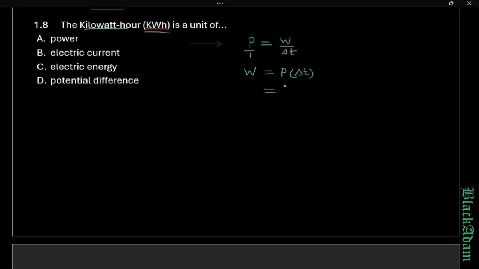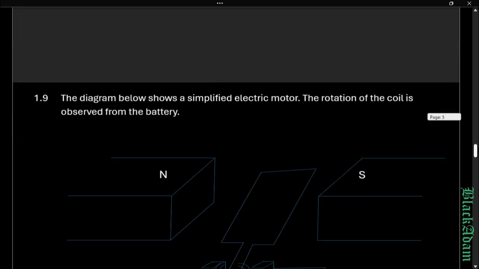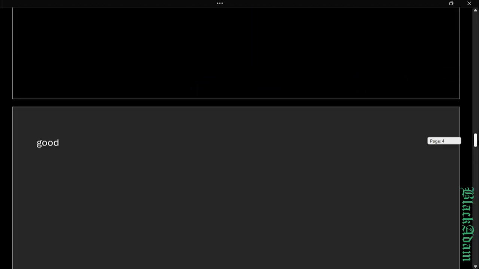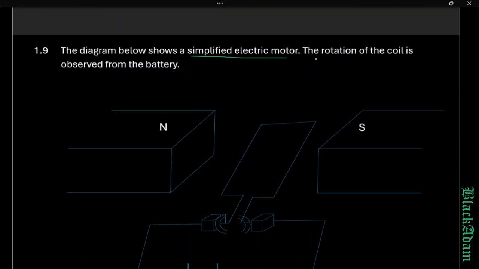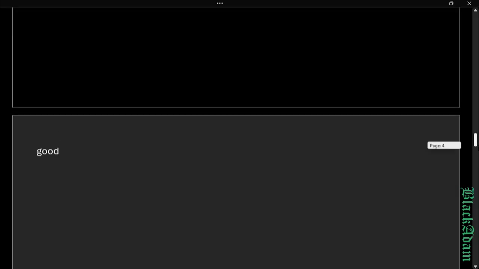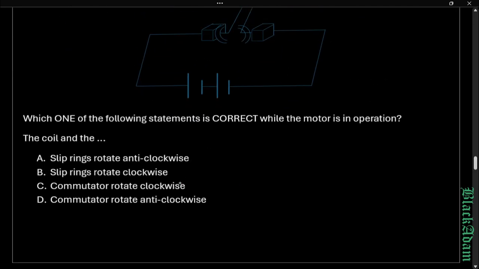So the unit of power is watts, so we have thousands of them, kilowatt. Time, we have hour. So it's work, and work is energy, unit joules. So it's electric energy that we're talking about. So that makes sense. When you're buying electricity, you're buying the energy so that you can use it to cook and all that. So your unit when you buy electricity is kilowatt hour.